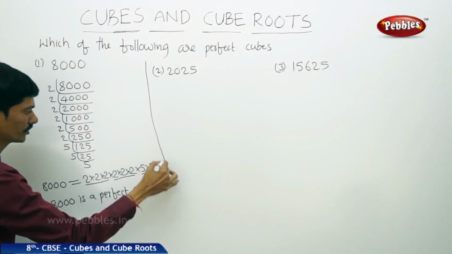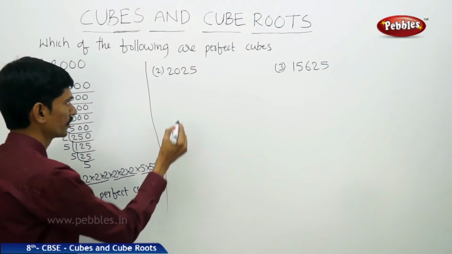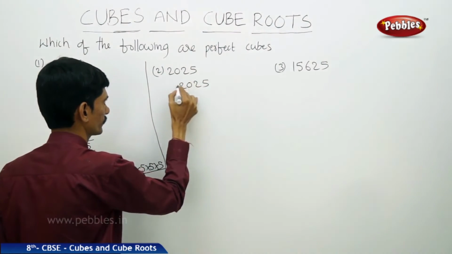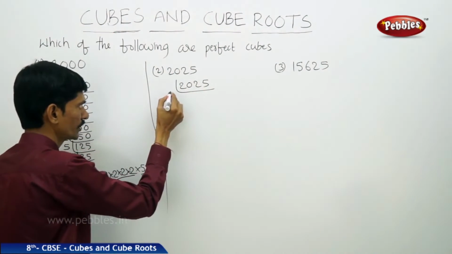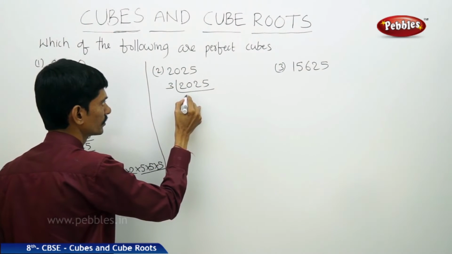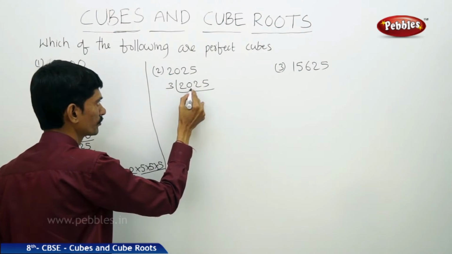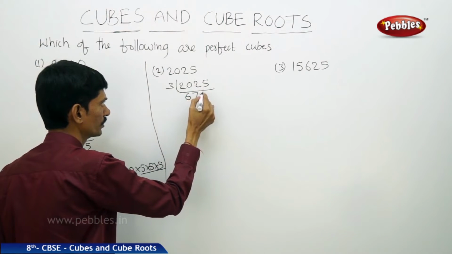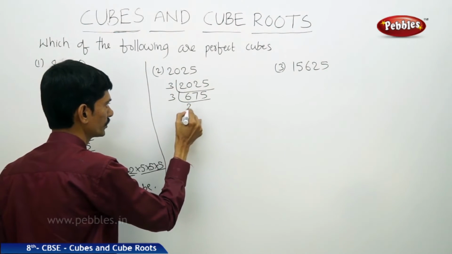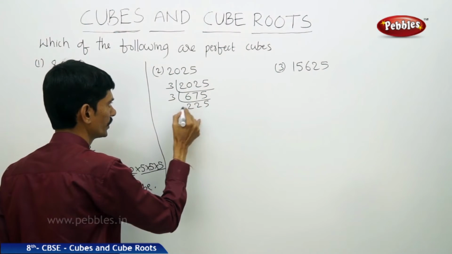Next we will take the second question, 2025. So we will factorize 2025. Take the 3 table: 3 7s are 21, 3 5s are 15, 3 2s are 6, 3 5s are 15.